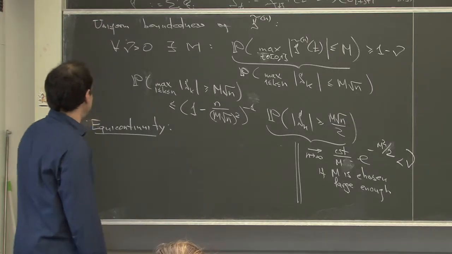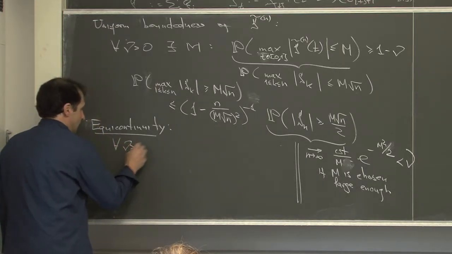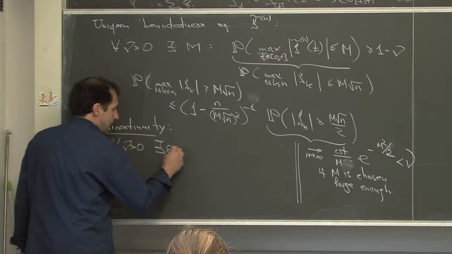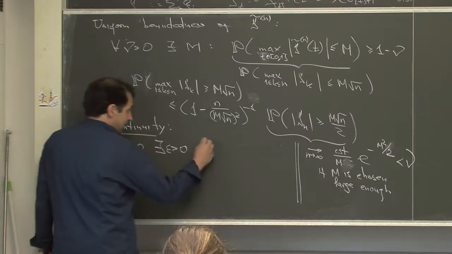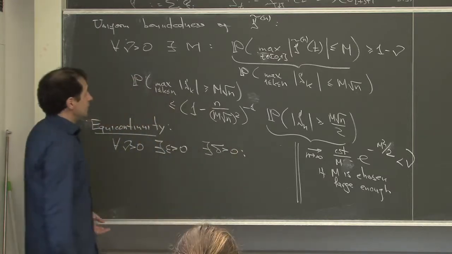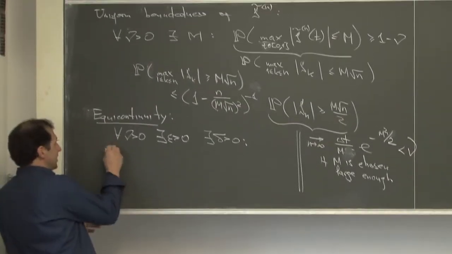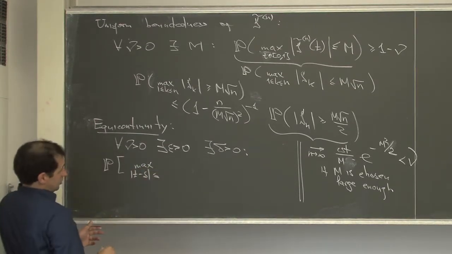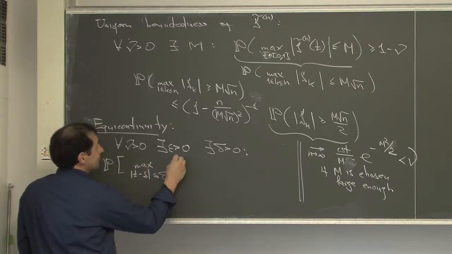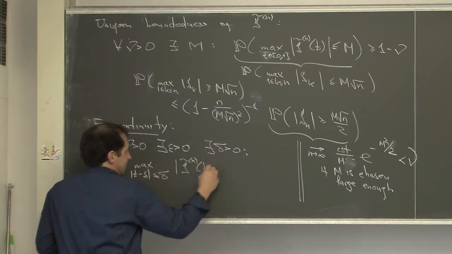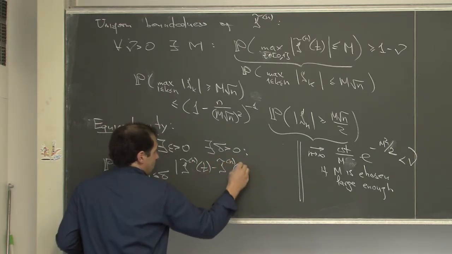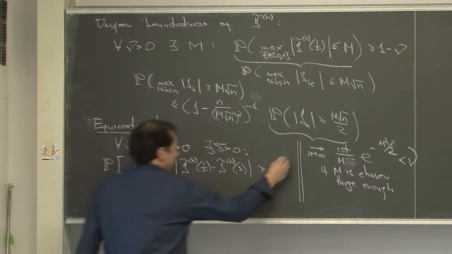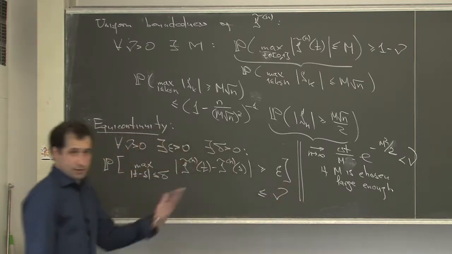What does it mean? It means again that for any epsilon and for any nu, we should be able to find delta such that the probability of the event maximum over all t minus s less than delta of Sn t minus Sn s is greater than epsilon is less than nu.